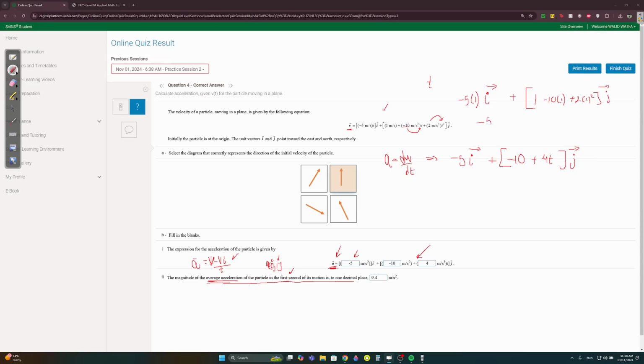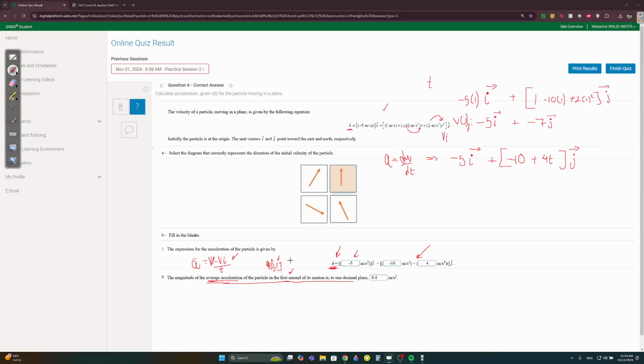Let's fix this. So it's going to be minus 5i plus 1 minus 10 plus 2. You're going to get minus 9 plus 2. It should be minus 7 j. So this is velocity final. This is VF.